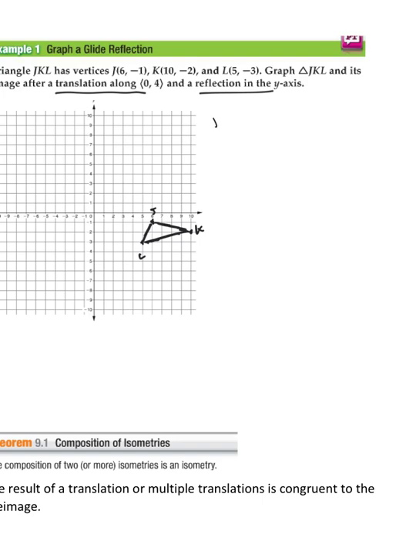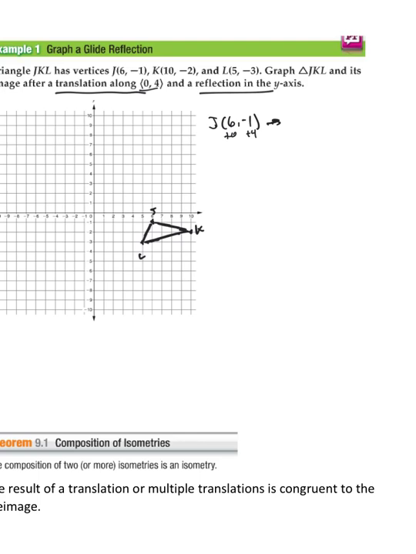Again, you take the original point, so J, 6, -1, and to translate it, you're just adding the x and y coordinate of the vector. So 6, it'll be +0, and -1 +4. So J prime, I'm going to color code these actually.